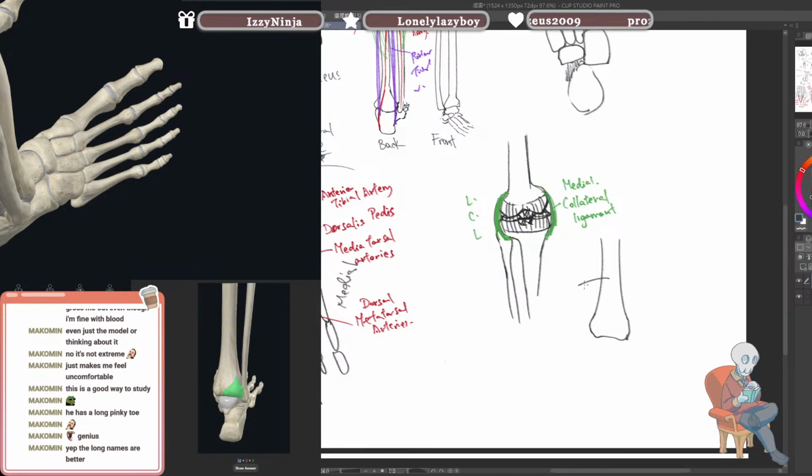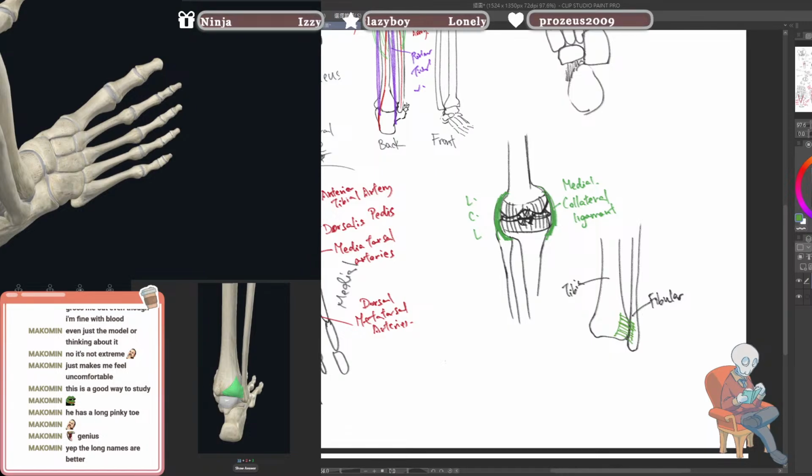So in this image, this will be the tibia. I take a sip every time I say tibia, and this is fibula. And the long names are better. Can't believe I'm saying this. The ligament seems to be attached to these two bones like this, and what usually happens is that the name would be the two attachments.